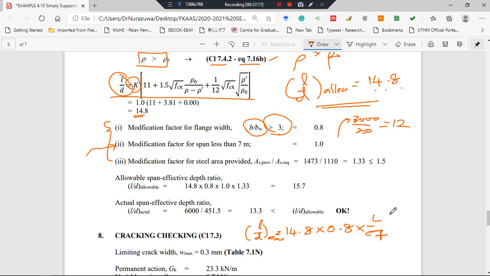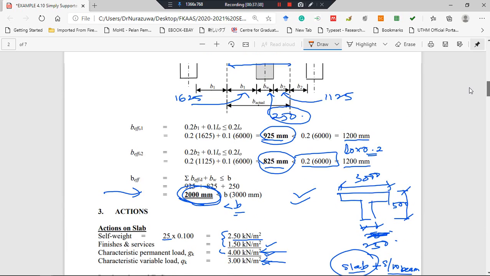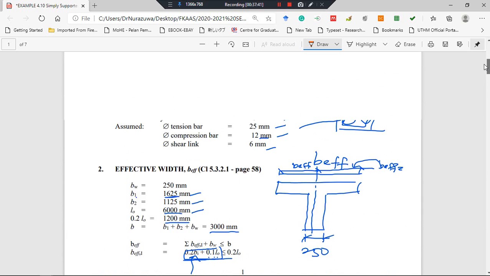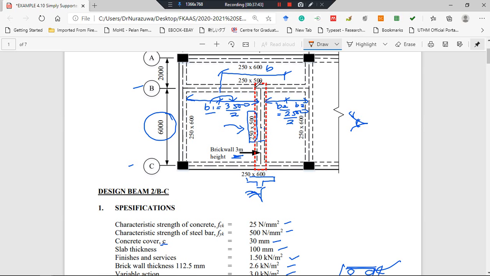This L over 7 is for the case if the span of the beam is more than or equal to 7 meters. But in our case, the span is equal to 6 meters. If you look back at the layout plan, the span is 6 meters.